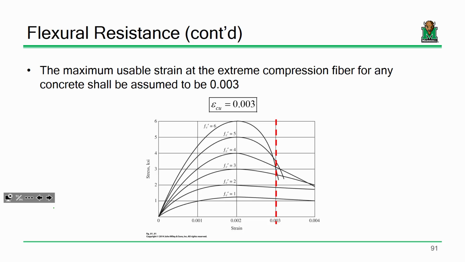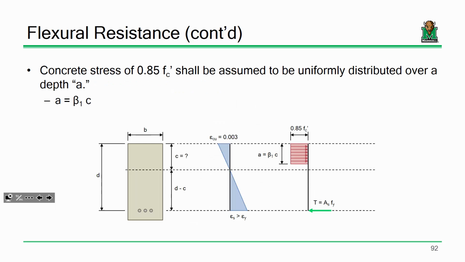Now, when we start looking at strains, one of the first assumptions that we make is that no matter what type of concrete we're looking at, the maximum usable strain in the concrete is 0.003. That will be what we always use, regardless of if it's 4 ksi or 6 ksi. We basically say that right around here, that's about a maximum usable strain that we can use for concrete, regardless of its grade.